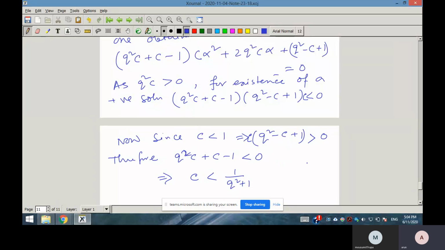Similar to the lead controller, you can also show that the existence of a positive solution will suffice to ensure that alpha is also greater than 1.